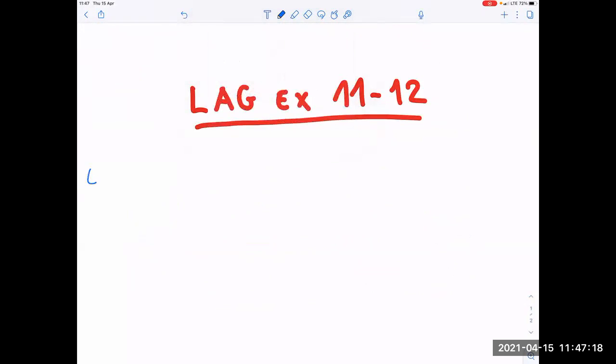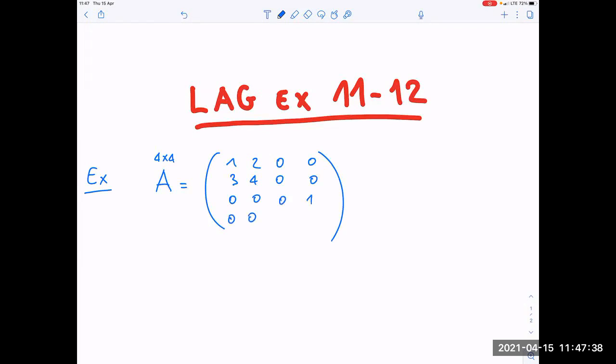So say we can start by something like this. I take a 4 by 4 matrix, and I ask you to compute the determinant of this matrix. As you can tell, it has a nice shape, but let's see.